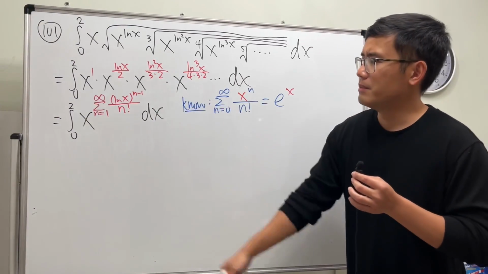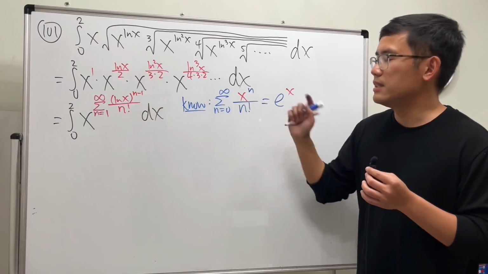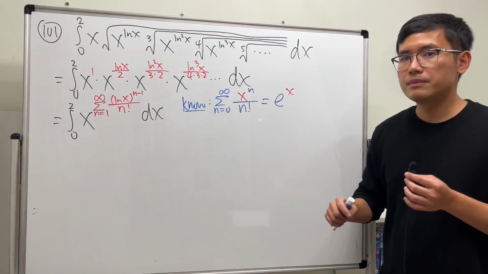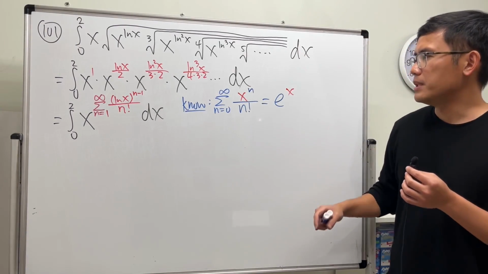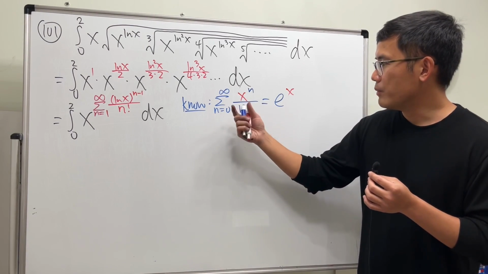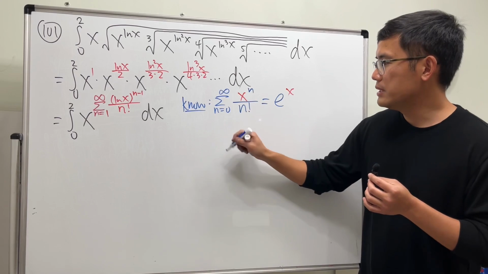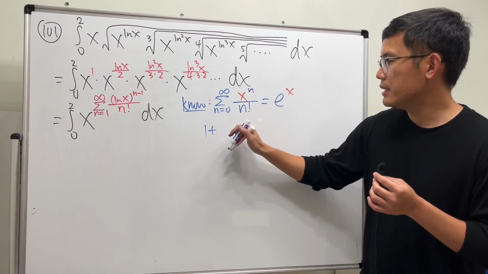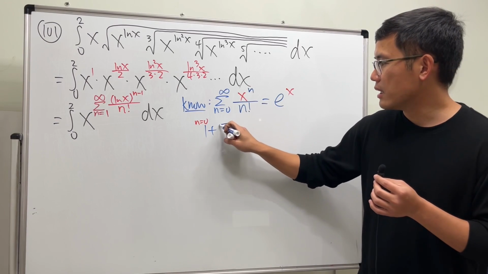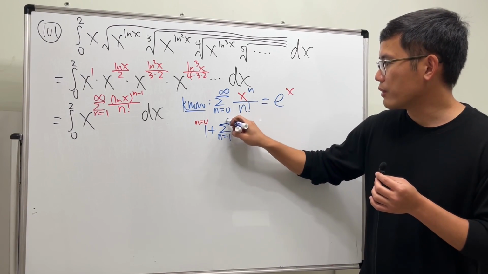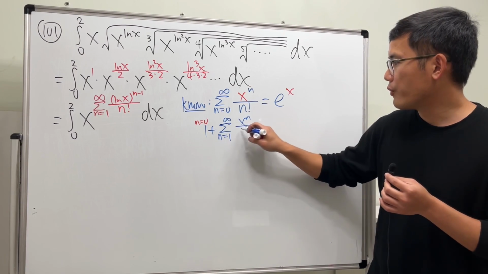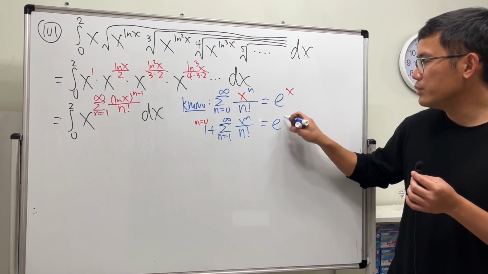They are quite similar, except here we have ln x and this is x. Also, this starts with 1, this starts with 0. So let's fix this a little bit. If you want to start with 1, it's okay. The first term is just 1, when you plug in n equal to 0, and the remaining is the summation, n goes from 1 to infinity of x to the nth power over n factorial. This is equal to e to the x.